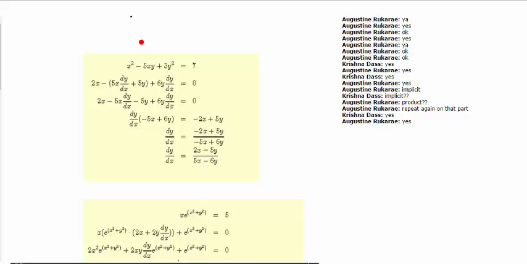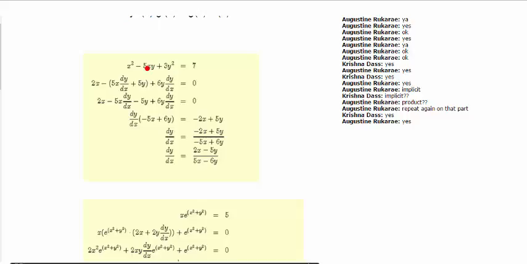Right? So, product rule says that we assume that this is my f(x) and this is my g(x). So, it would be f(x) multiplied by g dash of x plus g(x) multiplied by f dash of x, right?